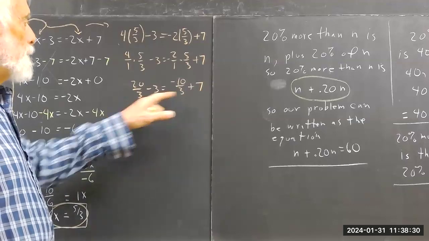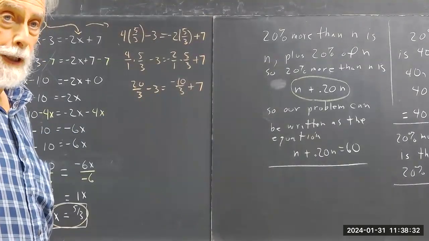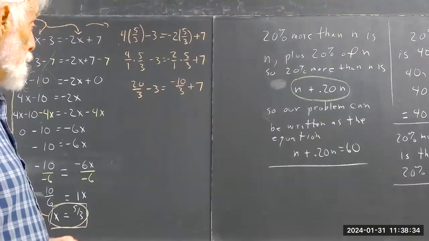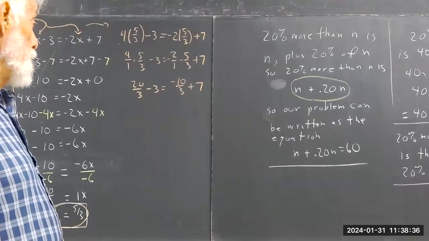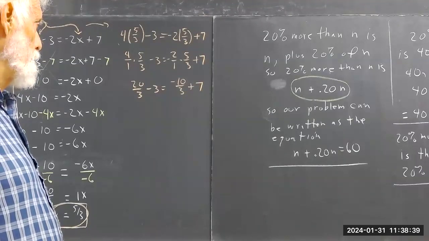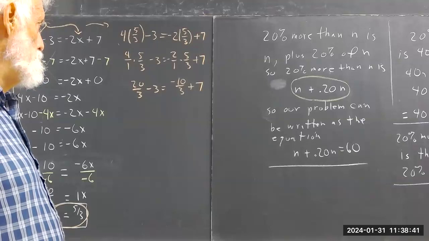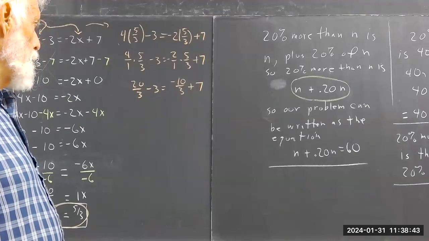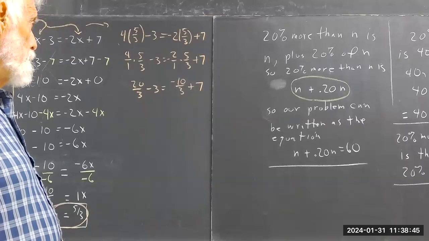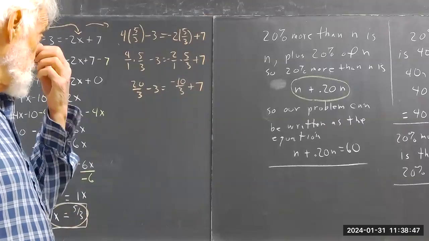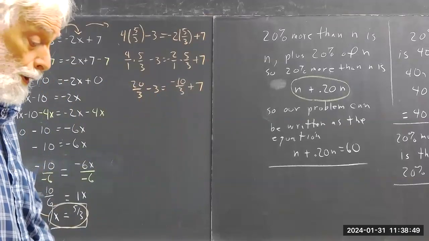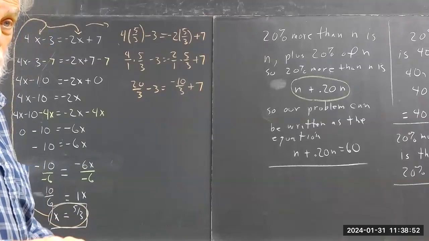Now we can put the 3 and the 7 over a common denominator and see if these add up correctly. We're going to get -1/3 there, and we're going to get 1/3 there. Means I might have made a mistake in my solution. Entirely possible. I was talking more than I was thinking.